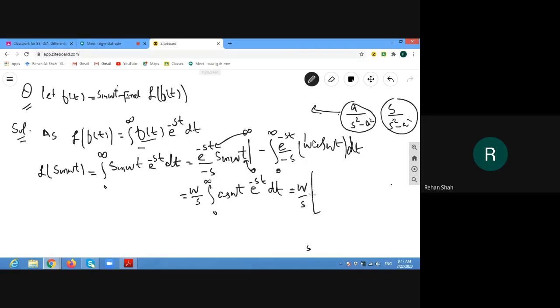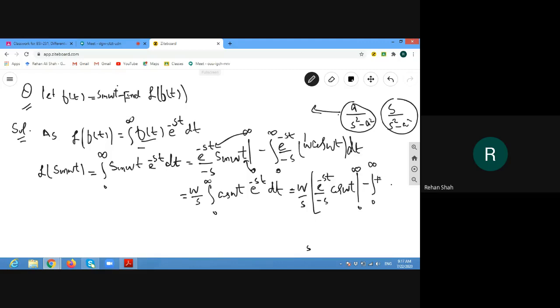Again integrating by parts, so you will get e power minus st divided by minus s, and cos omega t is cos omega t. Again you put the limit 0 to infinity, then minus 0 to infinity.